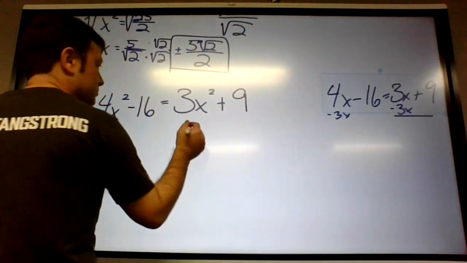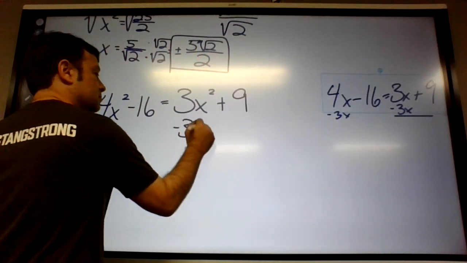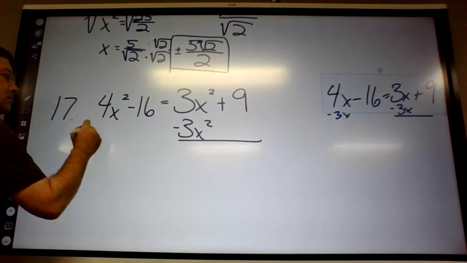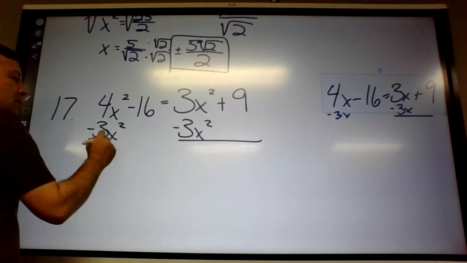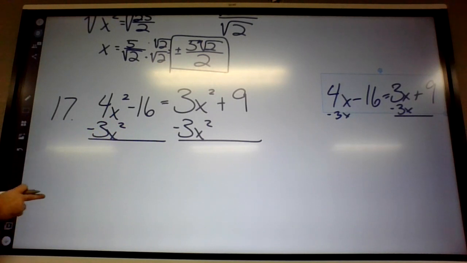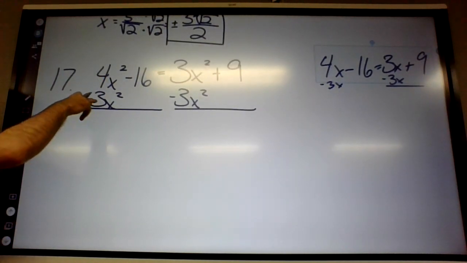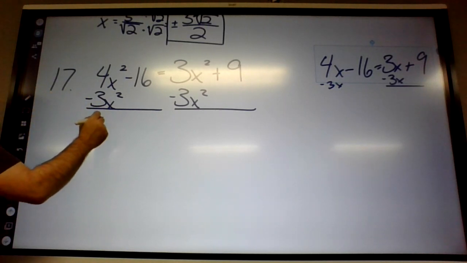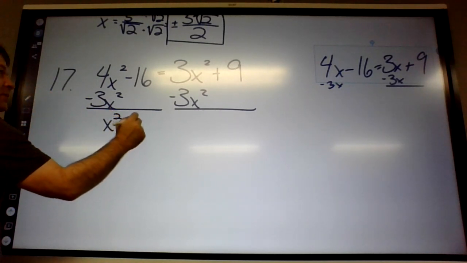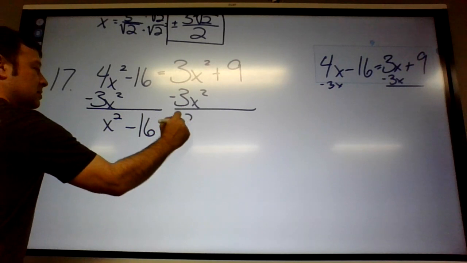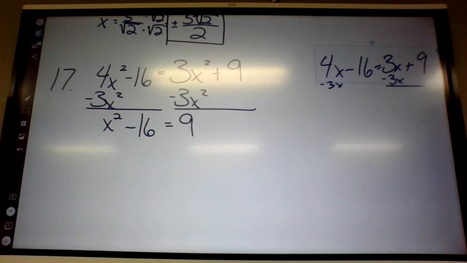Subtract 3x squared. Okay, so 4x squared minus 3x squared is 1x squared, or just x squared. And then what'd you do with plus 16?